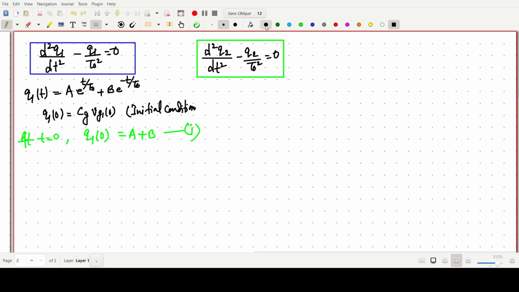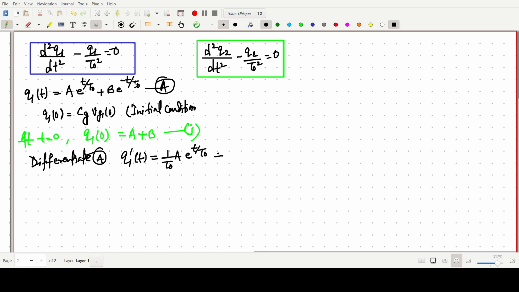Okay, and now this one is one expression, say capital A. So if we differentiate A, one can write q1 dash t equals to 1 by tau naught times the coefficient a into e to the power t by tau naught.